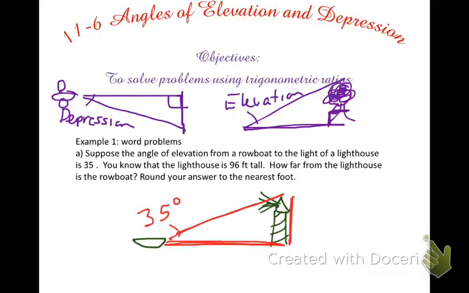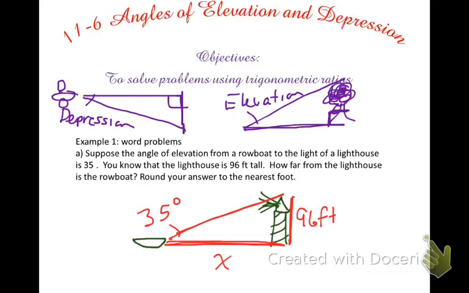So this height is 96 feet. How far from the lighthouse? So we're talking about far, we're talking horizontal wise, okay? Every time we say how far are you away from something, it's horizontal. So this would be x because we don't know how far we are from something.